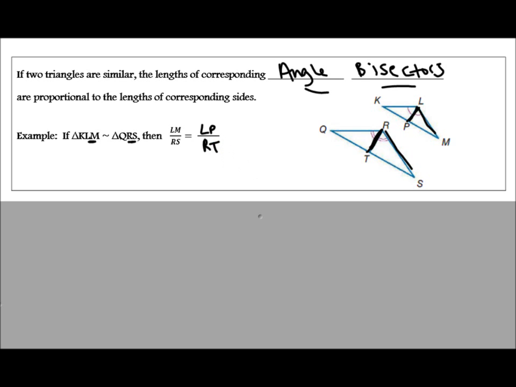We could also go one step further and say that LK, first two letters, is proportionate to QR, or RQ. And we can set up another ratio for the last set of sides and say KM over QS.